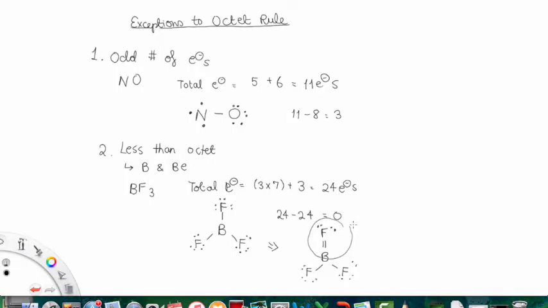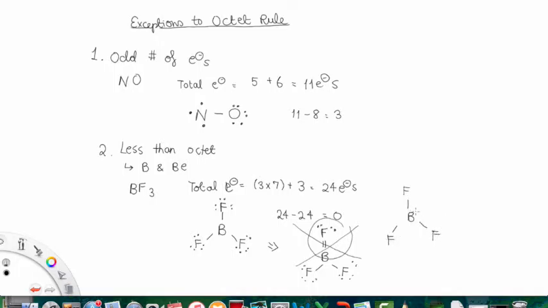This is inconsistent with the electronegativities of fluorine and boron. If you look at the trends in the periodic table, you will see that the electronegativities of boron and fluorine don't match this interaction. Fluorine is a lot more electronegative than boron, so it should not have a slightly positive charge. Thus, the structure of BF3 with single bonds and 6 valence electrons around the central boron is the most likely structure. So this one is less likely, and we actually end up with the one that we had before.